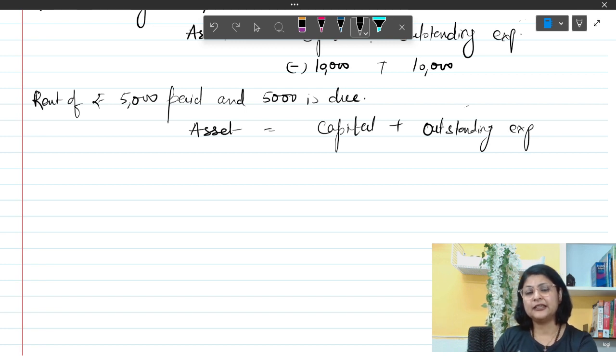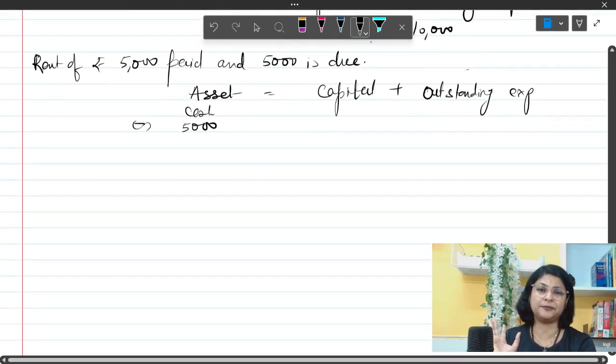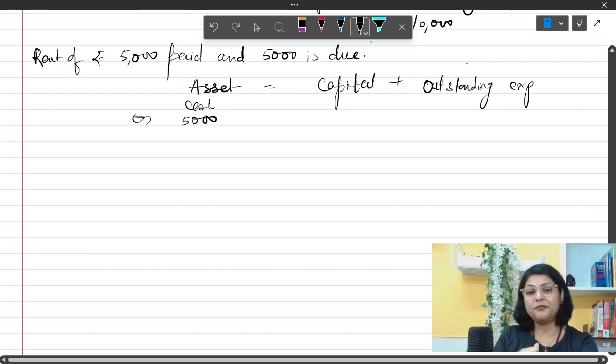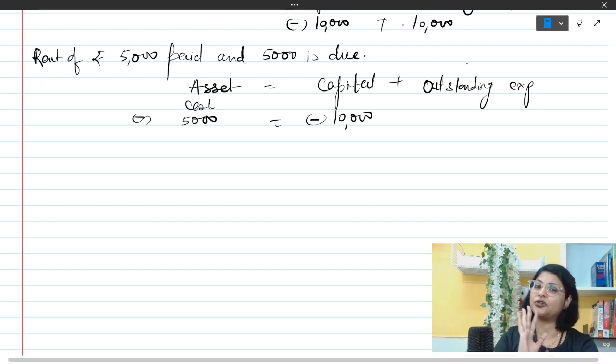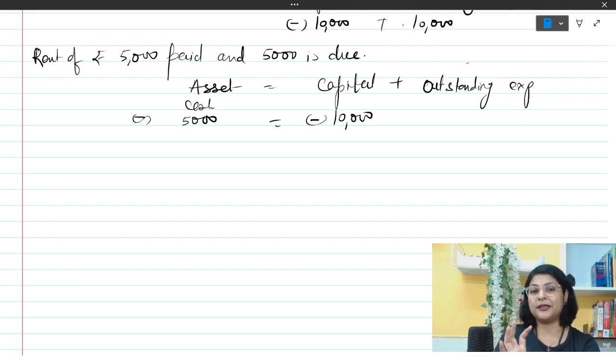From asset, I am going to deduct cash. I am going to deduct 5,000 rupees because rent of 5,000 rupees is being paid. And from capital, I am going to deduct the whole 10,000 rupees. Why? Because the expense being incurred is 10,000. So the rule is that all the expense has to be reduced from the capital. But if I look at this particular point of time, my accounting equation will not tally, because on one side I am deducting 5,000 and on the other side I am deducting 10,000.